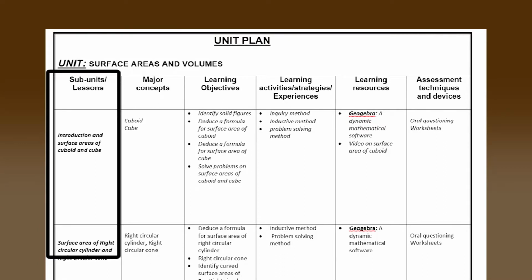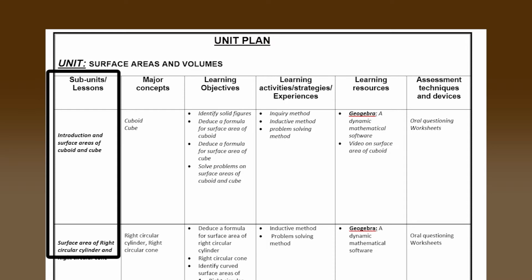Now, how he has planned it and what its related activities are in the subsequent columns, and how he is able to visualize the learning objectives associated with these subunits, can be seen explicitly. Now, let us take the first subunit of this particular chapter.